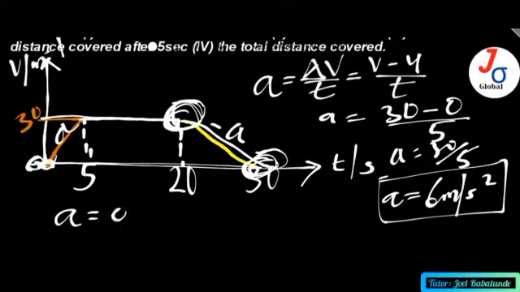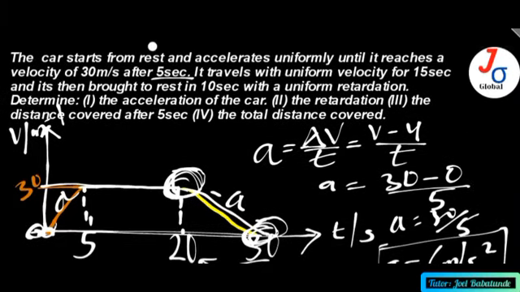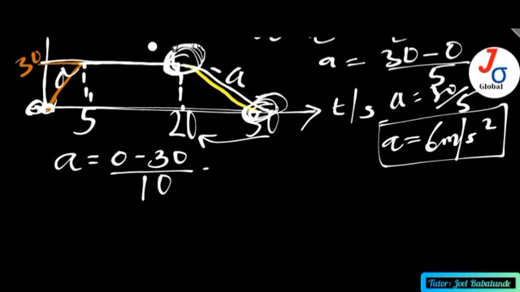So that will be 0 minus, final minus initial. Starts from 30 and ends at 0. What was the time it took? 30 minus 20, that's 10. It's even in the question, they said it took 10 seconds to be brought to rest. Then that gives us 0 minus 30, that's minus 30.